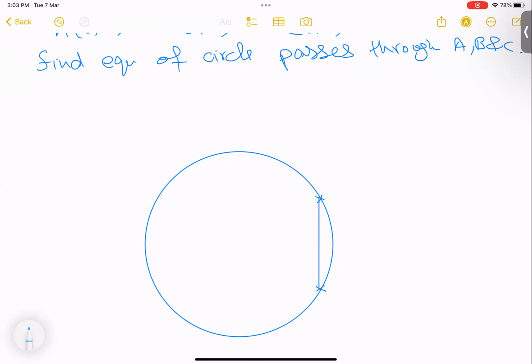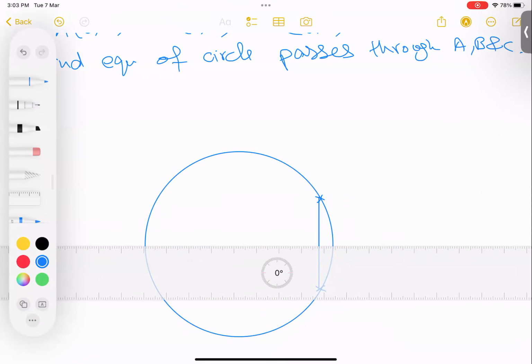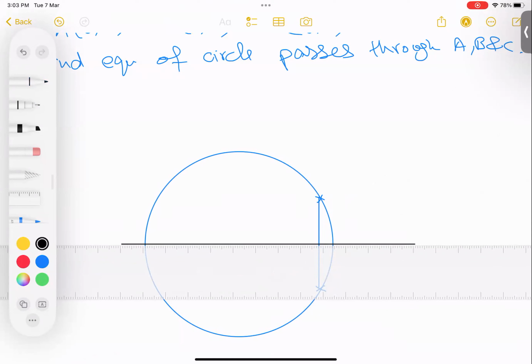This is called a chord. I take a scale and draw a perpendicular bisector. The black line is called the perpendicular bisector. I use AB and I get the first perpendicular bisector, which is very clear.